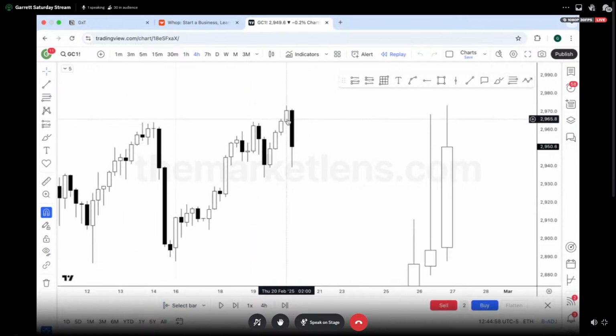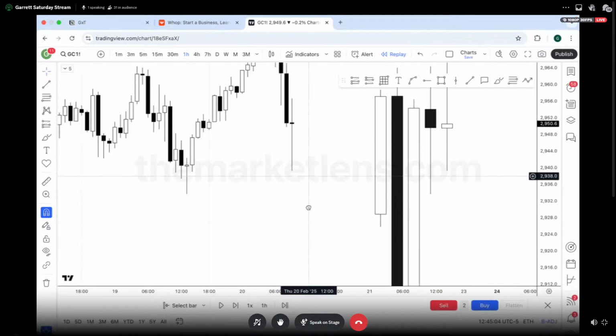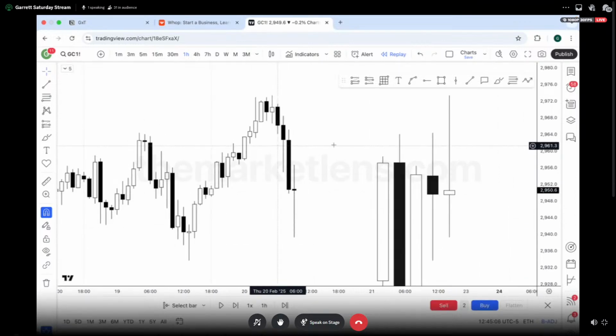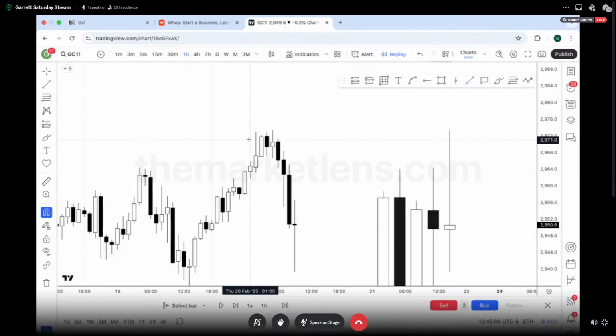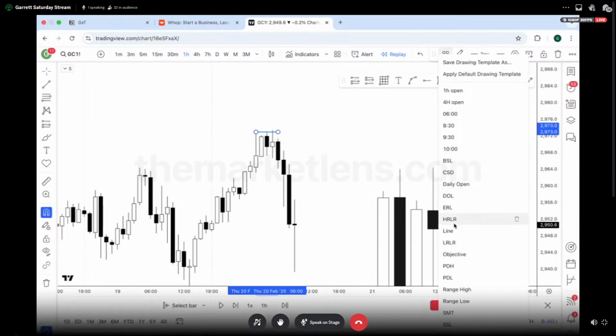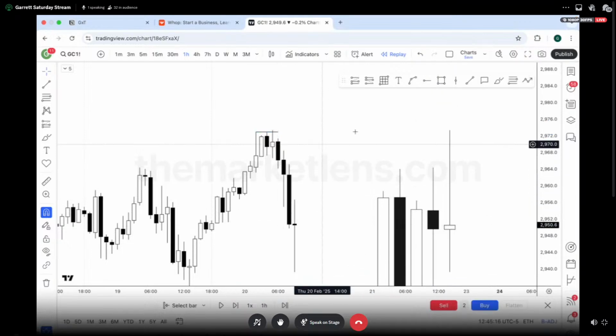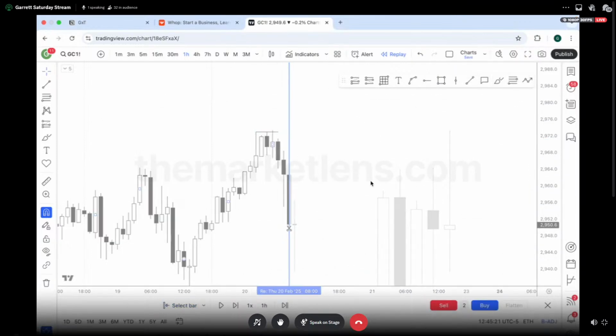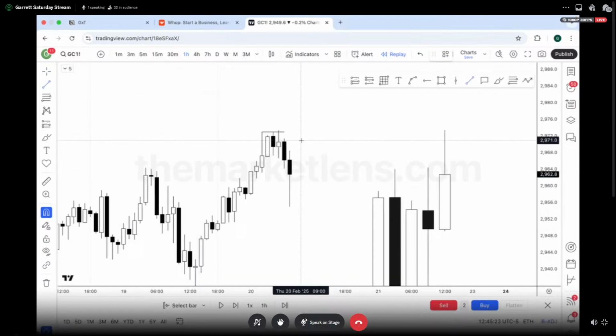Oh, was it this manipulation of these highs and then this continuation? Okay, so it's opening up within this. So let's go to lower time frame real quick. So this is 6 a.m. opener here.